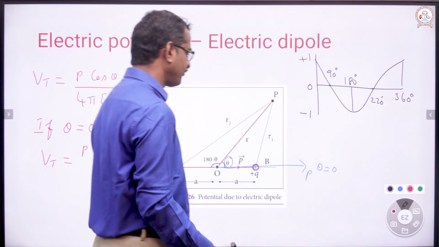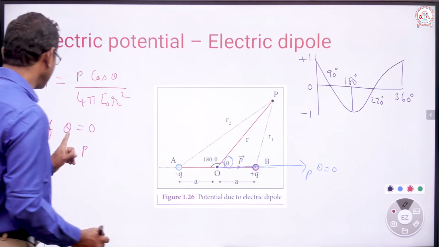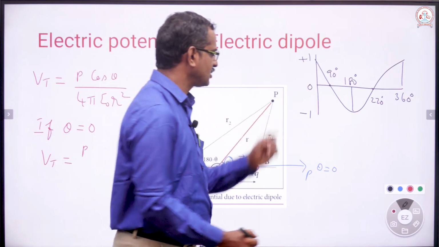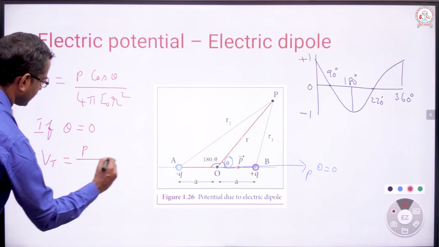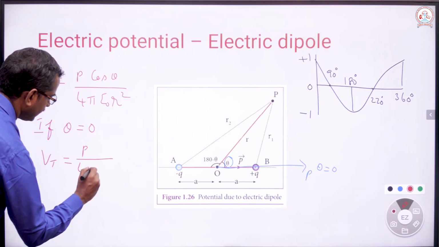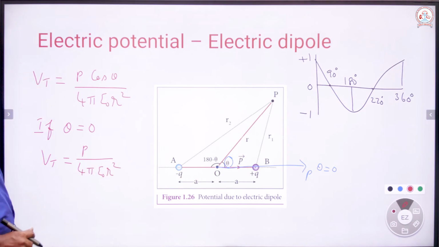This is the cos graph. If theta is equal to 0, then cos 0 is equal to 1, and the total potential will be equal to p divided by 4 pi epsilon naught r square.